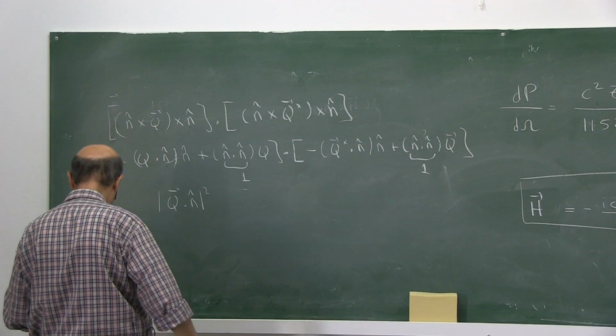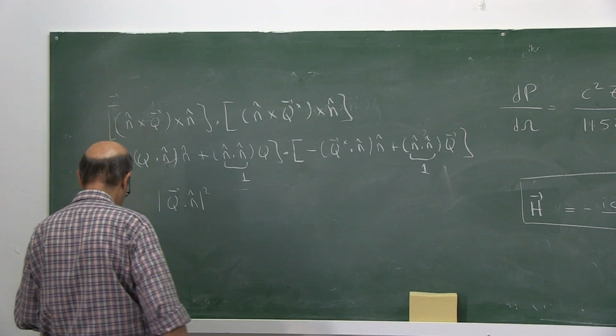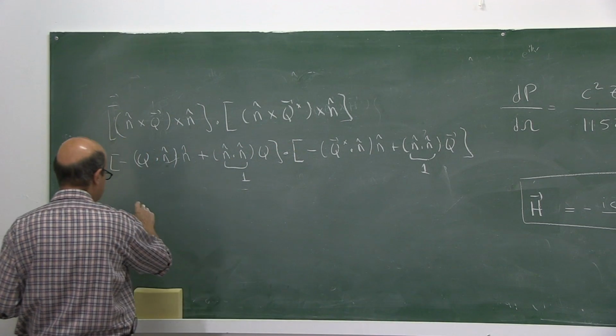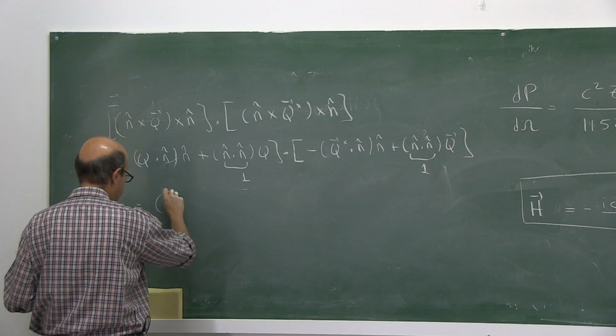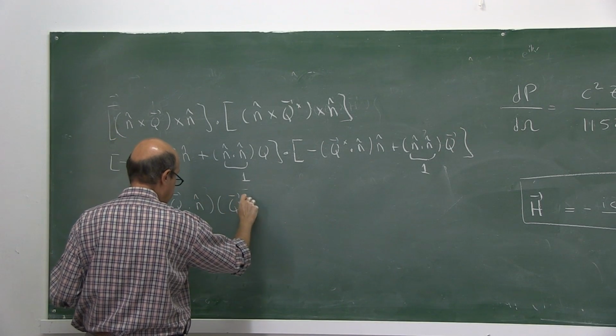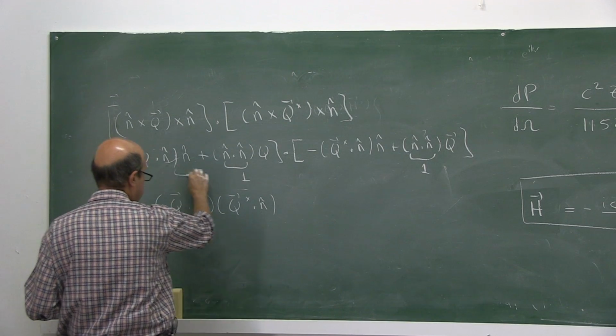So is this right? It's not right. So that should be Q dot N, Q complex conjugate dot N. That is the first term.